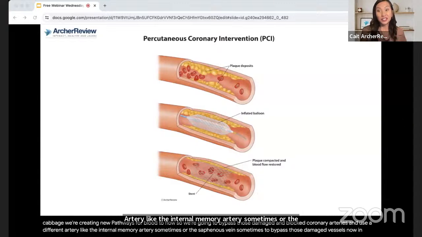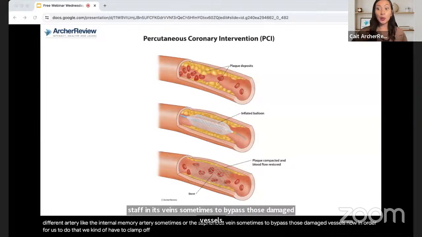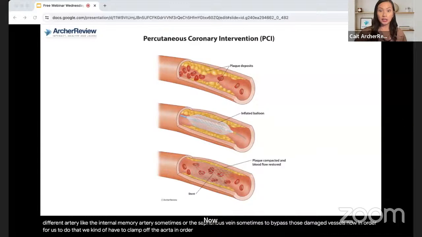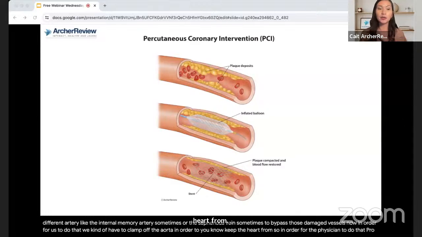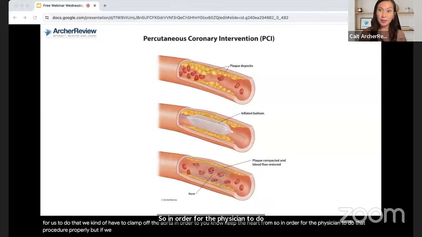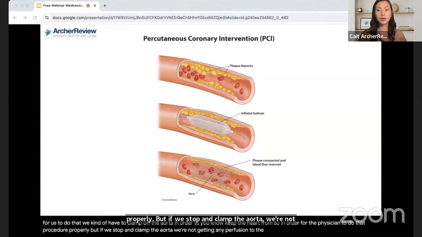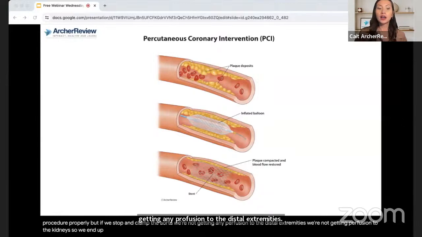Now, in order for us to do that, we kind of have to clamp off the aorta so the physician can do that procedure properly. But if we stop and clamp the aorta, we're not getting any perfusion to the distal extremities. We're not getting perfusion to the kidneys. So we end up seeing a lot of kidney injury or AKI after a major surgery like that.